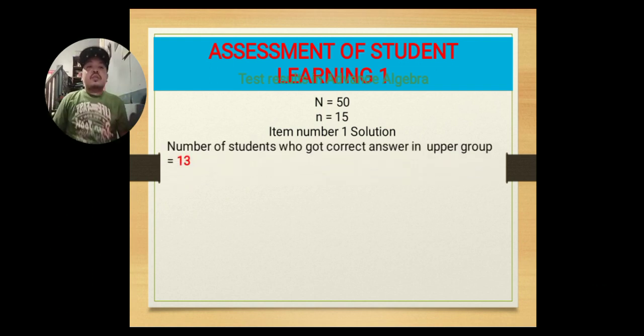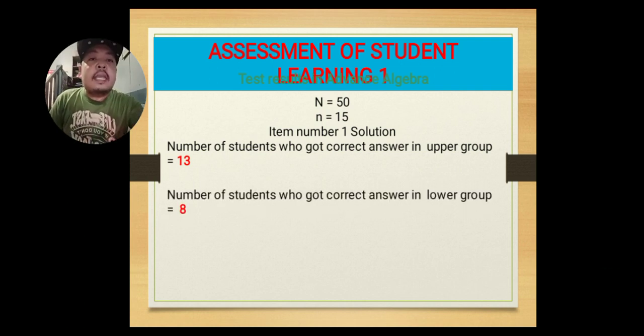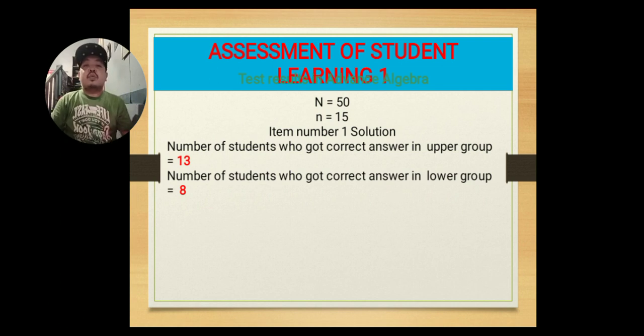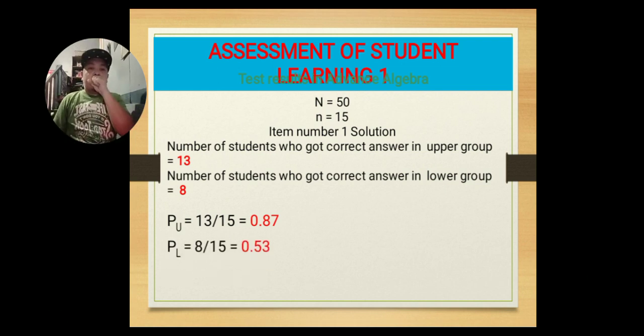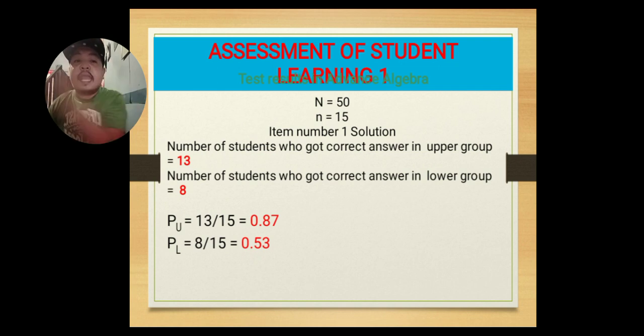The number of students who got the correct answer in the upper group is 13. 13 got it correct in the upper group. And in the lower group, 8 got it correct. Therefore, to get the PU, that is 13/15, which is equal to 0.87. To get the P sub L, that is 8/15, which is equal to 0.53.